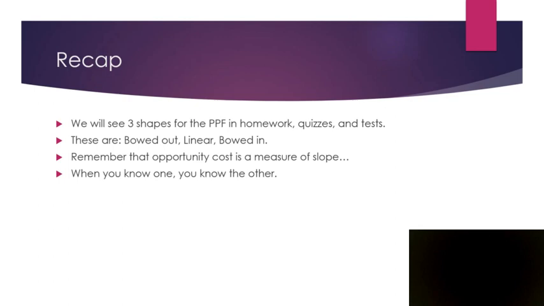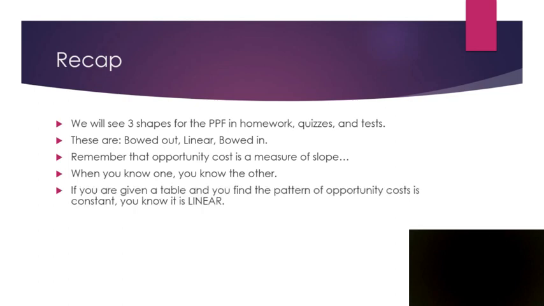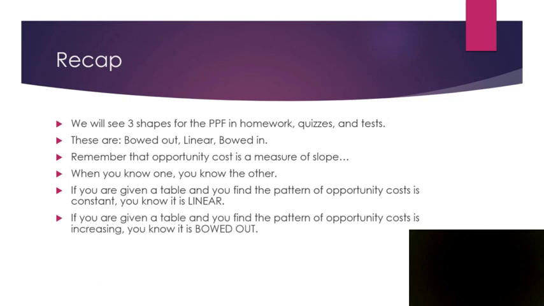It does not change. If you're given a table and you find that opportunity cost is constant, then you know it's linear, right? So if I give you numbers, you can now find the shape. See what I'm saying? If I know it's a linear PPF, I know opportunity cost is constant. If I give you a table and the pattern of opportunity cost is constant, then you know it's linear. So you can go back and forth between the two.